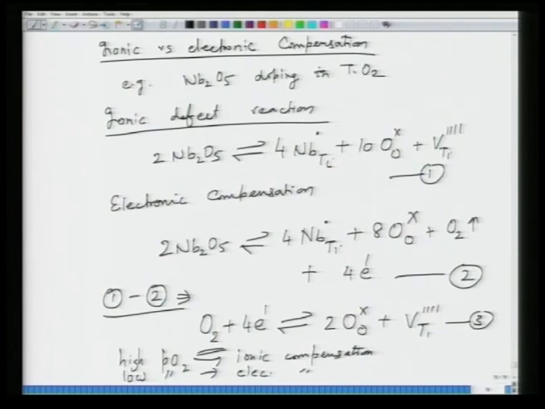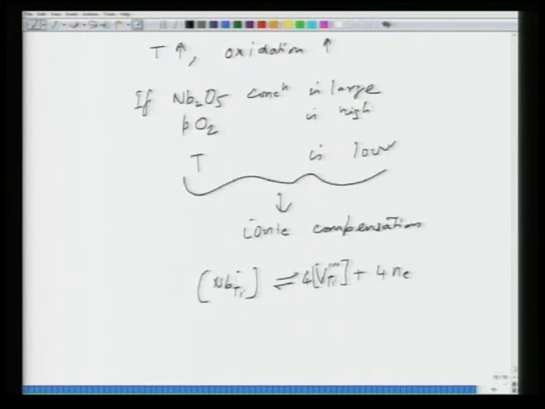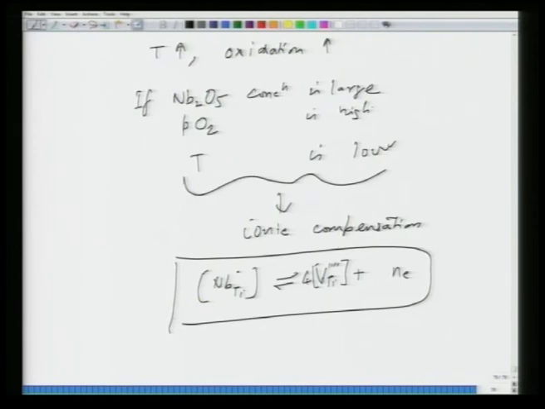So, NbTi will be equal to 4 of VTi plus n, because you have 4 times. So, in case of ionic compensation, it is 4 times the vacancy concentration. In case of electronic compensation, it is equal.